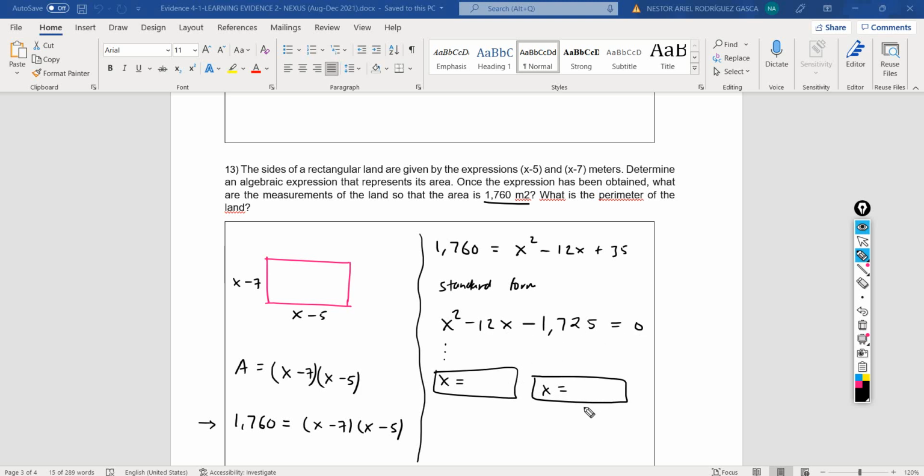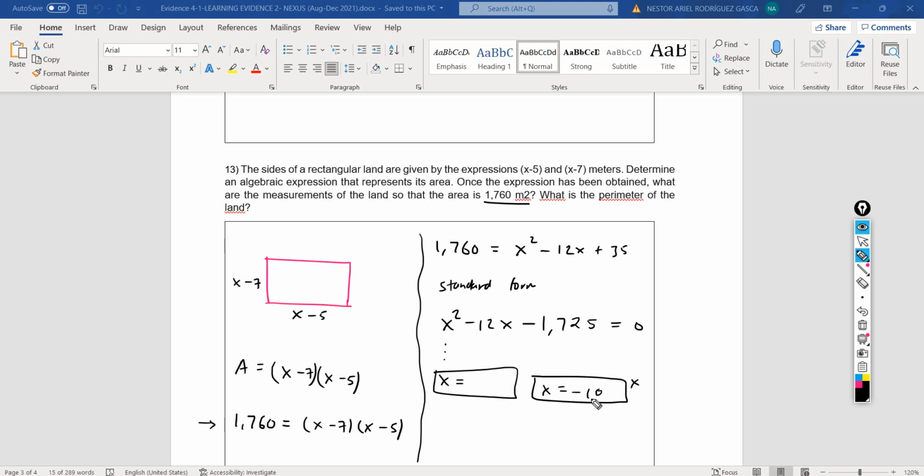It must have two solutions. But in this context, if one of these solutions is negative, let's suppose this is the one that is negative, negative 10, let's suppose, then you need to reject this and only accept the positive solution. Why? Because it makes no sense to have negative sides.